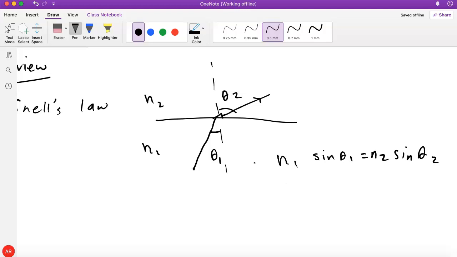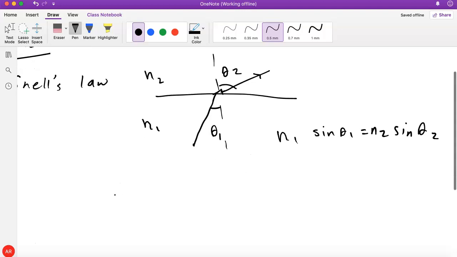So if, of course, n2 is larger than n1, you move toward the normal, you bend this way, and can always satisfy this equation. If n2 is smaller, you may not find a solution to this equation. You may find that your sine theta 2 is going to be larger than 1 if you just solve for sine theta 2 in that equation, and then there is no angle.